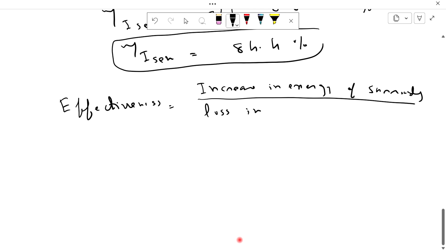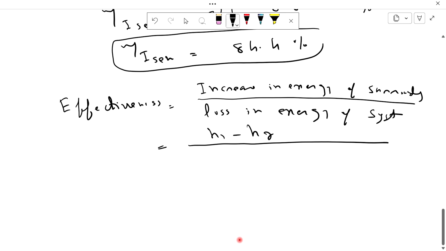The increase in exergy of surroundings is equal to H1 minus H2, and the loss in exergy of the system is H1 minus H2 minus T naught into (S1 minus S2).